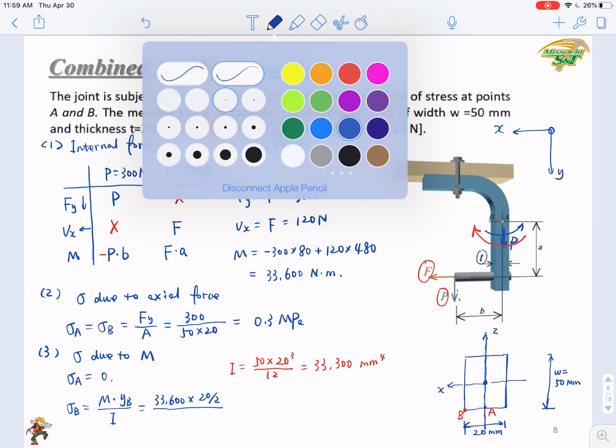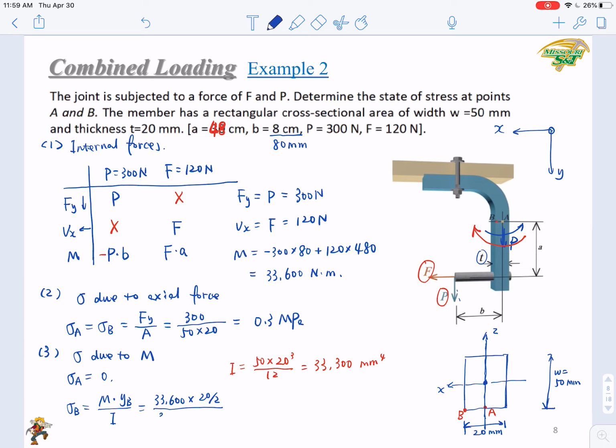Therefore, just substitute in 33,300, and you will have 10.1 MPa. Is this compressive or tensile? Is this negative or positive? Just compare these two bending moments. In the two bending moments, the blue one is smaller, the red one is larger.